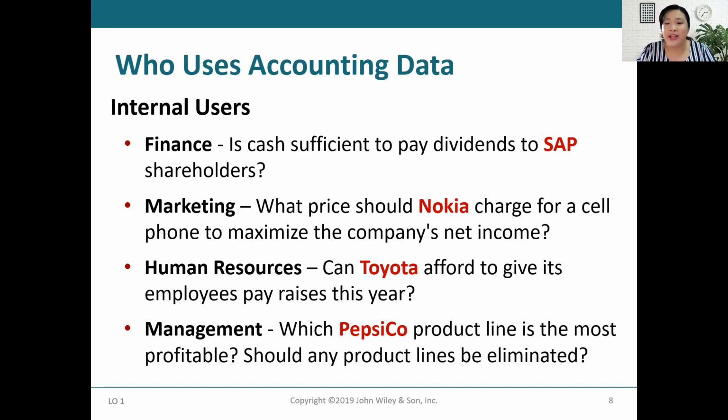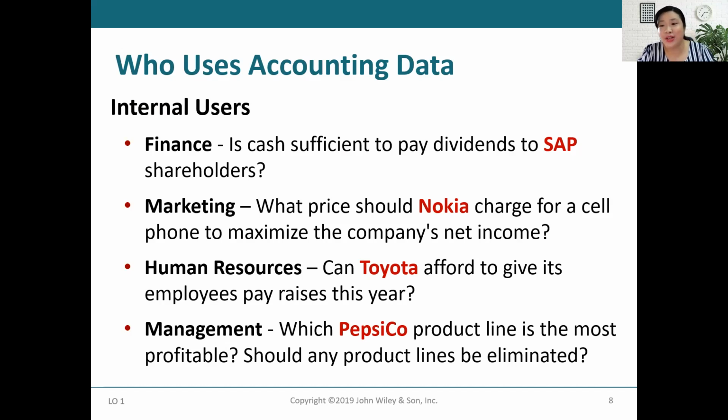And for management, we need accounting data because we want to know what kind of products provide the most profit to the company and what kind of products should be eliminated, should be stopped. So these are the internal users.